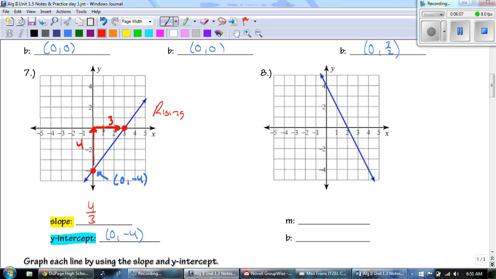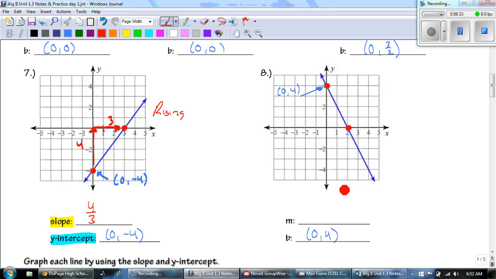Okay, so we're going to do the same thing with number 8. The thing that I see first is where it crosses the y-axis, and that is at the point (0, 4). Okay, and now where's the next point that you see that it crosses?